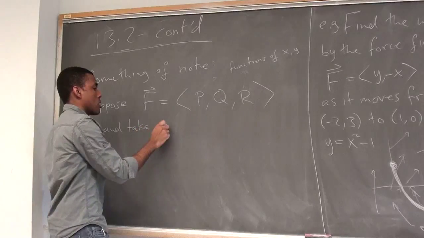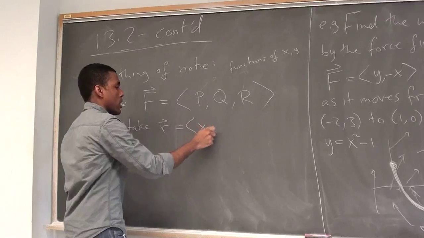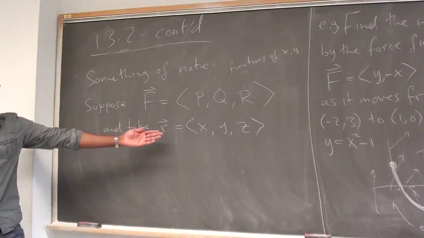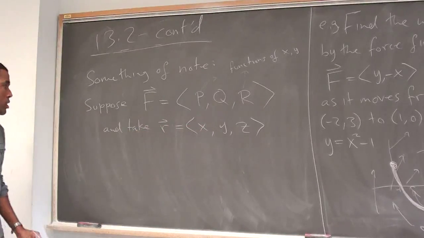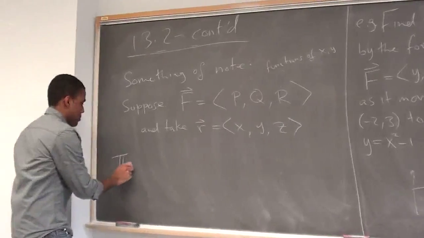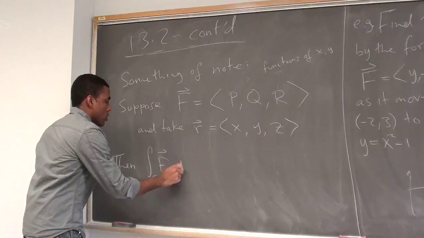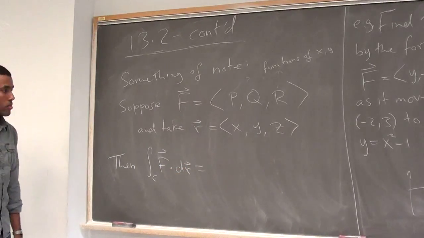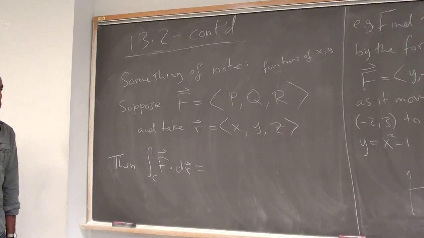And take R of t equals x, y, z, just the canonical representation of some curve where you're representing it by the coordinates x, y, z. Now, what would F dot dr look like? P, Q, and R are functions of x and y.